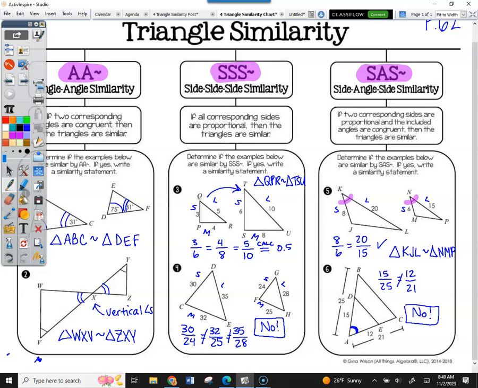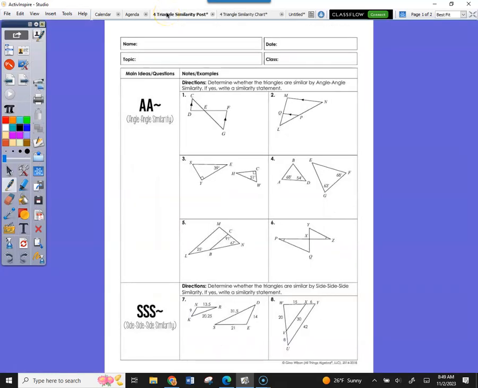Okay? All right. Now you just learned what we're going to practice today and tomorrow. Now what we're going to do is practice the same thing you just did on this sheet. You will notice they are broken up by sections.